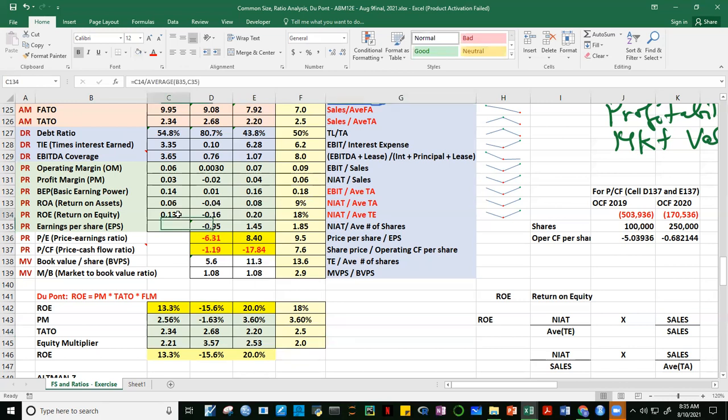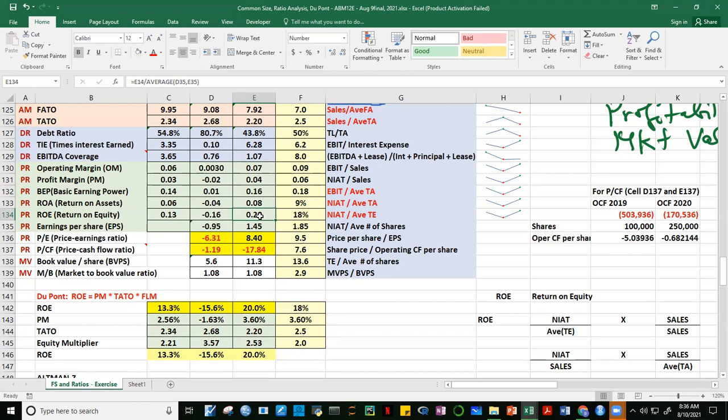Ito naman, return on equity, pareho numerator niya sa ROA, pero iba lang yung equity. So for every peso of investment by shareholders, yung equity, it generates 0.13 profit. Negative noong 2019 kasi negative yung net income after tax. Okay? Nag-improve siya noong 2020.